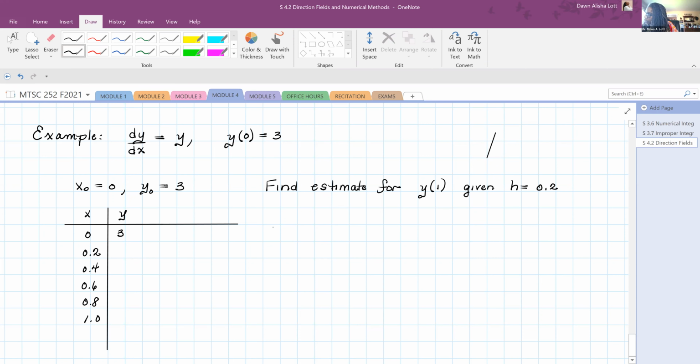In order to compute y1, I'm going to need y0 plus h times f of x0, y0. y2 will be y1 plus h times f of x1, y1. y3 will be y2 plus h times f of x2, y2.